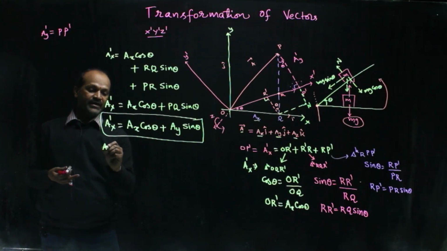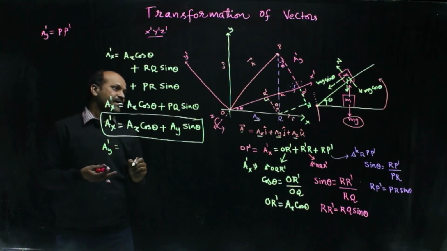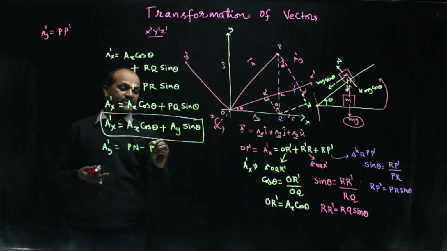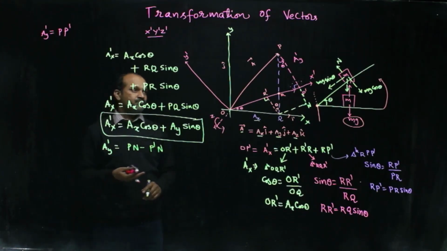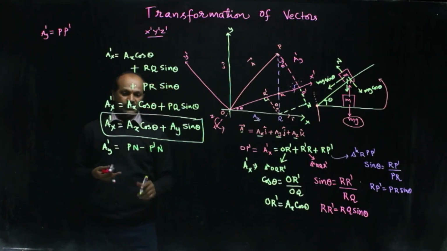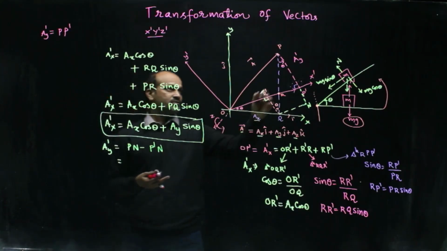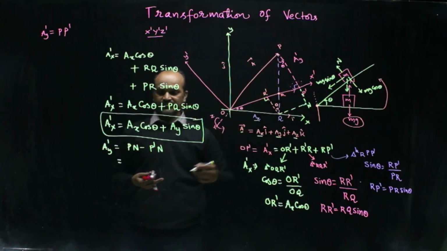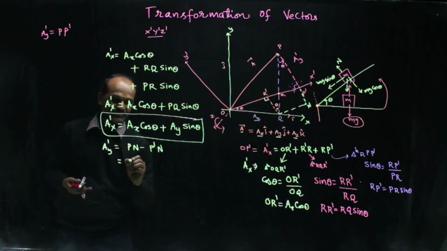So Ay dash is equal to Pn minus P dash n. So what is Pn? See the triangle PQN. In PQN, Pn is the adjacent side, adjacent by hypotenuse, that is PQ cos theta. Pn is PQ cos theta. Understood?